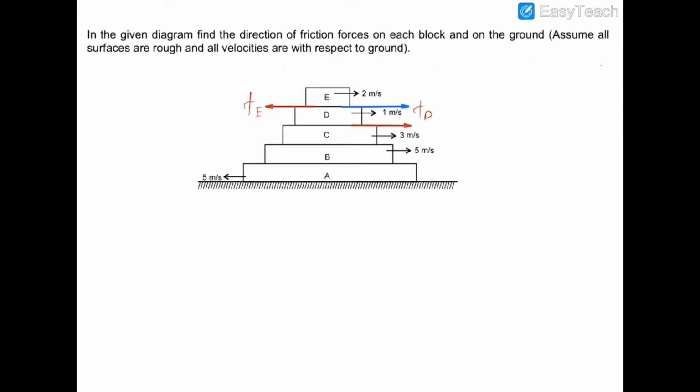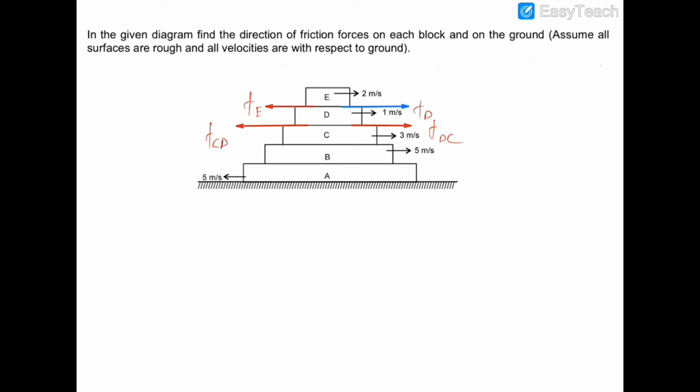This is friction on D due to C, and therefore by this action reaction concept we can say that friction acting on C due to D will be in backward direction, FCD, friction on C due to D. Also, C is moving faster than D, so the relative velocity of C with respect to D is in the right hand side, therefore the friction which will act on C will be towards left hand side.